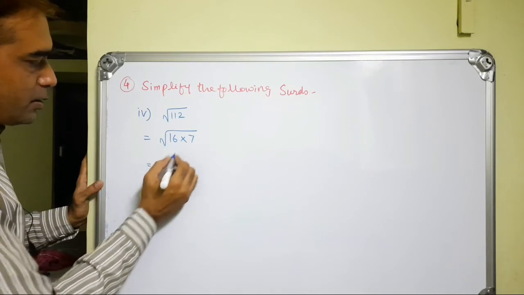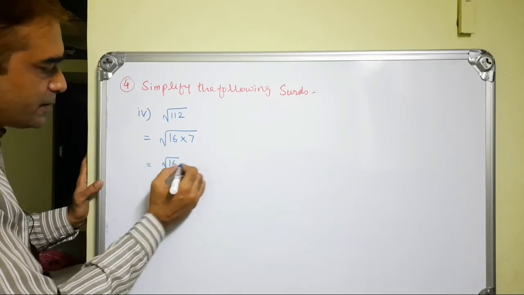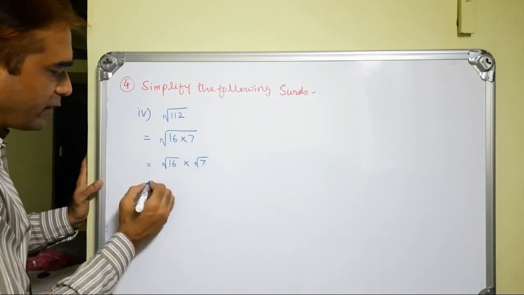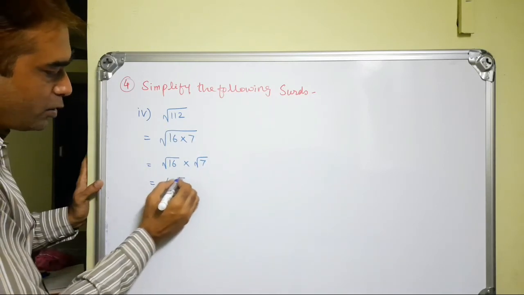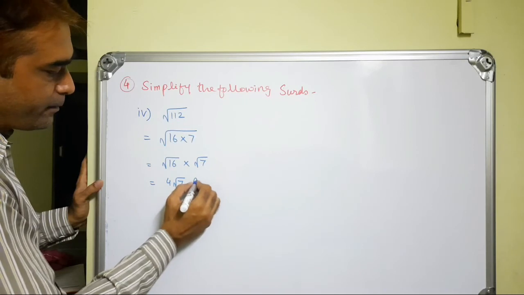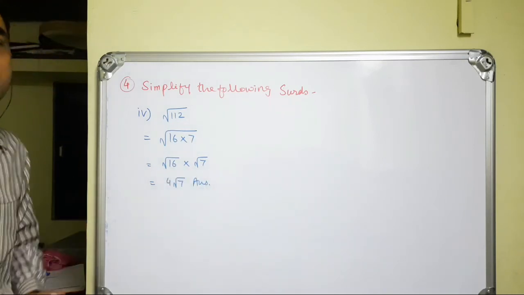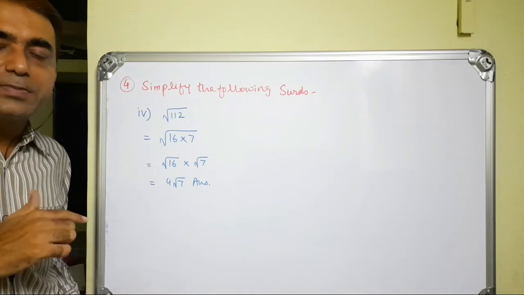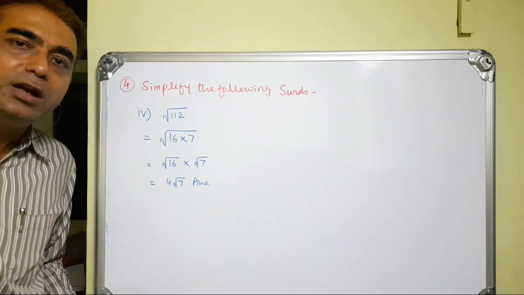So we will write the numbers with separate radical signs. So the square root of 16 into root 7, root 16 is 4 into root 7. In this way you have to simplify the surds. The remaining questions of practice set 2.3 we will solve in the next video.